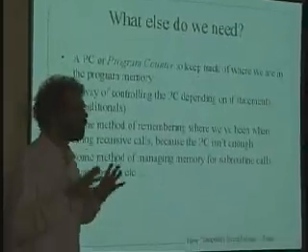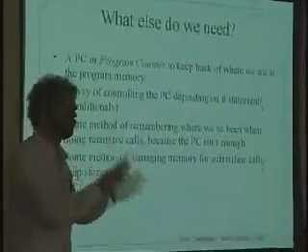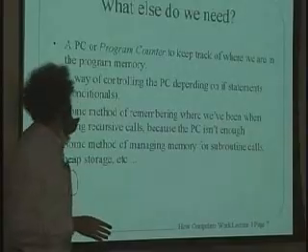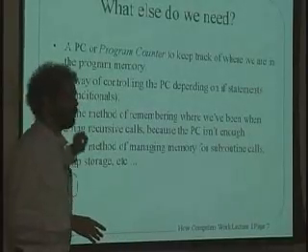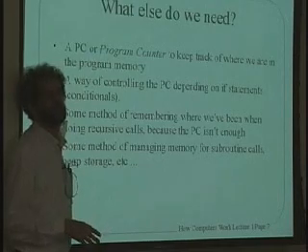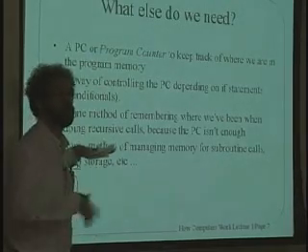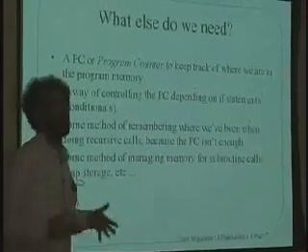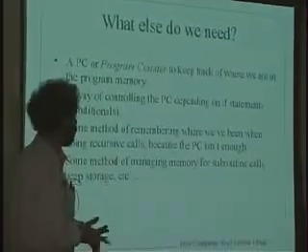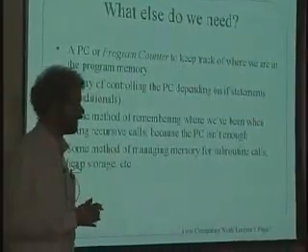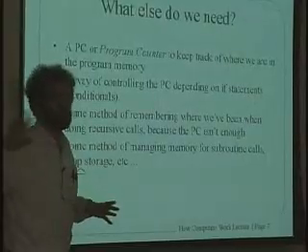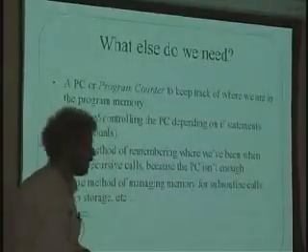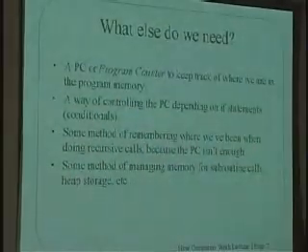But for now, we know that besides the memory to hold the instructions of the code, besides a memory to hold the data, besides a small amount of memory to hold the program counter itself, we're also going to need a stack somewhere, because we want to do subroutine calls and calls that call other things. And then finally, we have to figure out some way of managing all of this stuff, being how we manage the stack, how we manage the heap. The heap, if you recall, is the place in Scheme where all the con cells were stored. We'll talk a lot about that as the weeks go by. Okay, so that has to do with how we manage the memory.